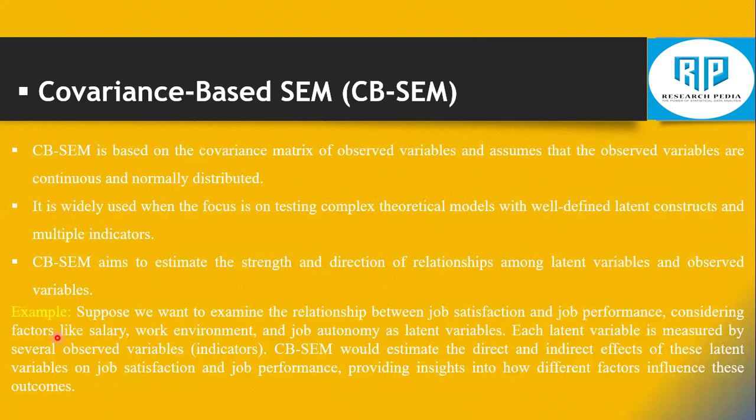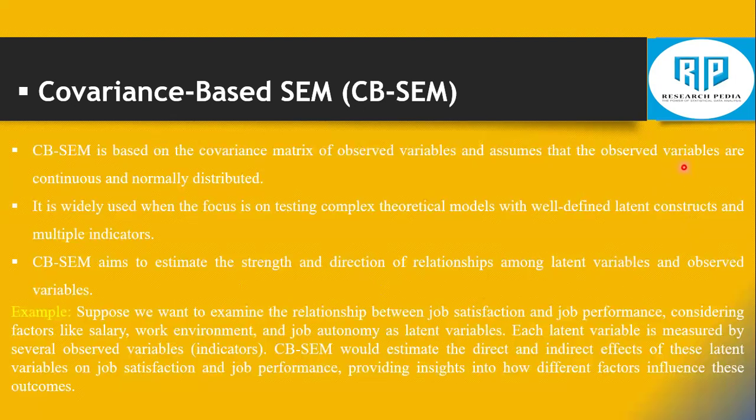So let's have an example that basically explains why we are going to use these covariance-based methods. Suppose we want to examine the relationship between job satisfaction and job performance. These are basically the two latent variables. I have explained to you the difference between observed variable and latent variable.